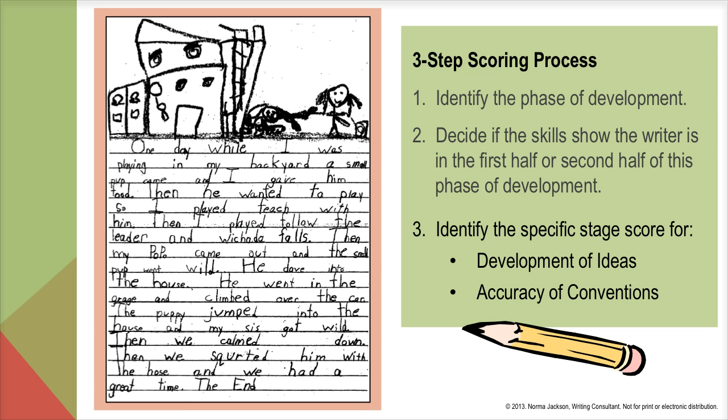Once you've determined the general level of proficiency, read the characteristics for those stages to identify the specific stage at which this student demonstrates proficiency on her development of ideas and accuracy of conventions. Press pause to score the piece of writing, then press play to continue learning.